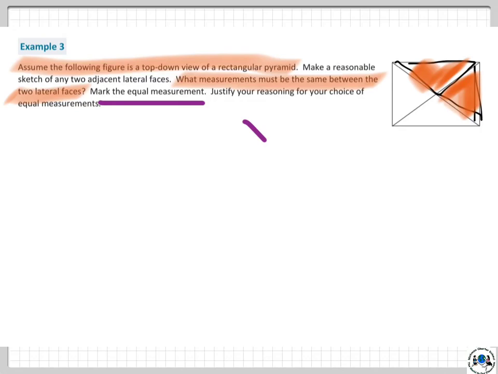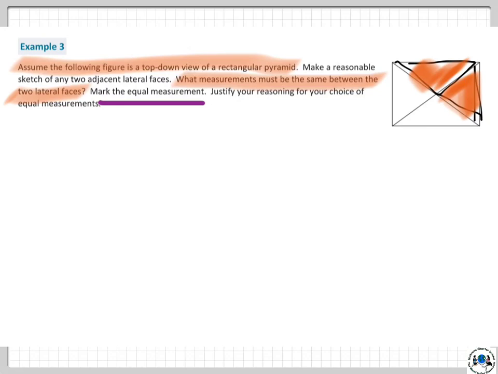So go ahead and give that a whirl, and draw your sketches down here and mark where these measurements must be the same between the two lateral faces.